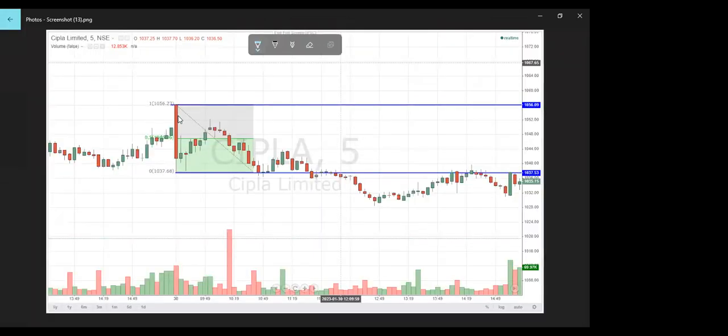This is the first candle of the 9:15 setup. This candle closes at this level and the low was at this level, and all the remaining candles were trading inside this zone. When the breakout happened, you can see a breakdown happened in that particular stock. Just above the candle is our stop loss, and how beautifully it went down, right? So this is one of the quite famous inside 7 concepts.